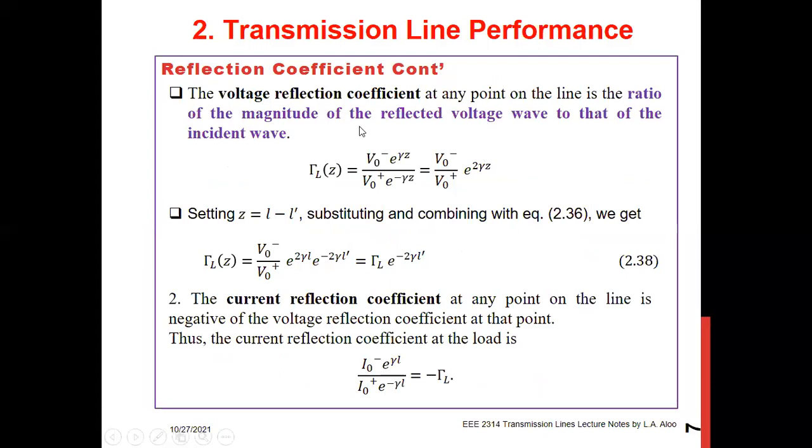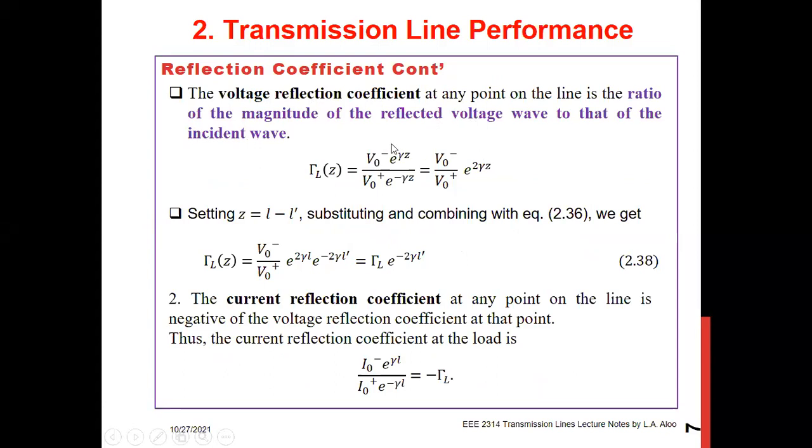Now, please take note of the fact that the voltage reflection coefficient at any point on the transmission line can generally be defined as the ratio of the magnitude of the reflected voltage wave to that of the incident voltage wave. The incident voltage wave is sometimes called the forward traveling voltage wave. Now, you are also allowed to drop the word voltage after you have mentioned voltage in the first case.